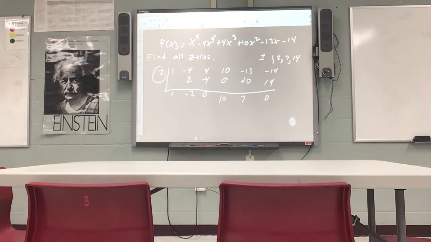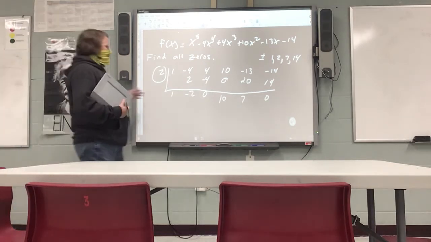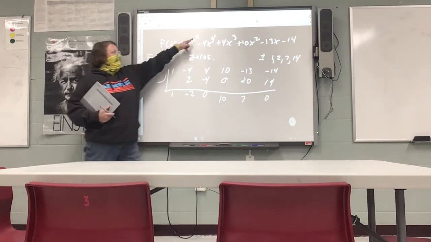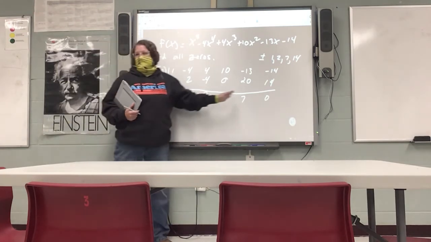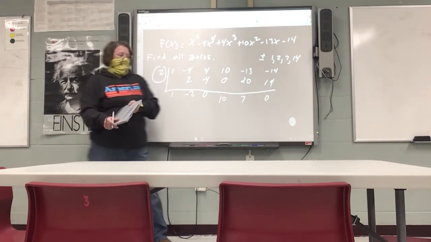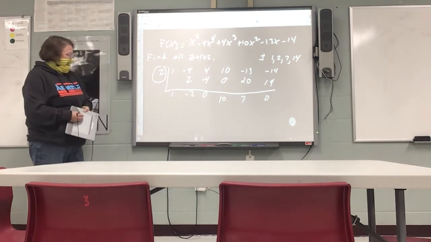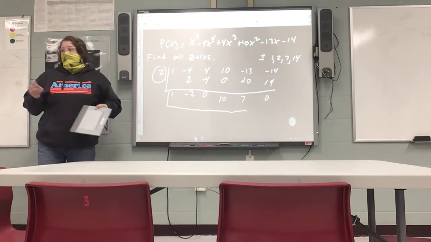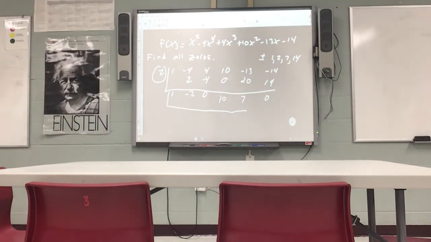So 2 is good. Okay, now, this is kind of the problem that we ended with yesterday. We still have to do more levels of synthetic division, because this was a 5th power, so we're just now down to a 4th power. So I'm gonna drop another box and use all my new numbers except for the 0. Now, using our technology, what would a good answer to try be? -1.